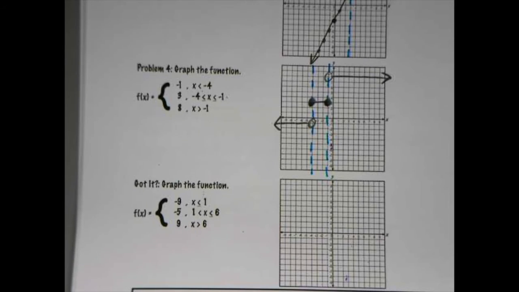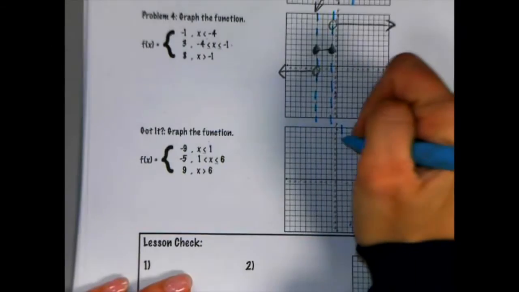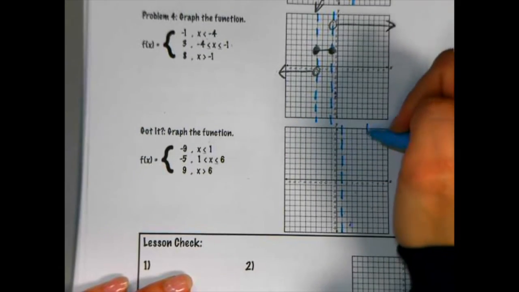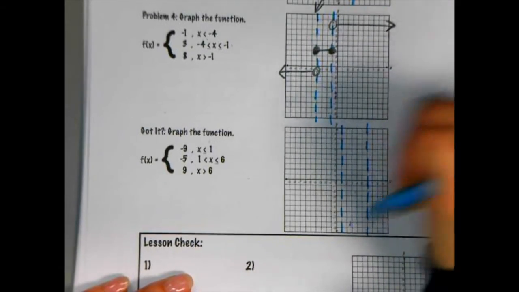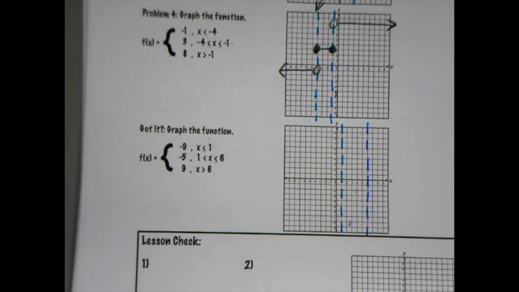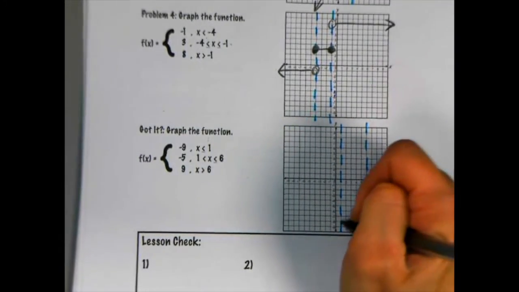For this one, where is my first jump happening? At 1, and then what about the next one? So we have -9, and is it open or closed there? Closed.